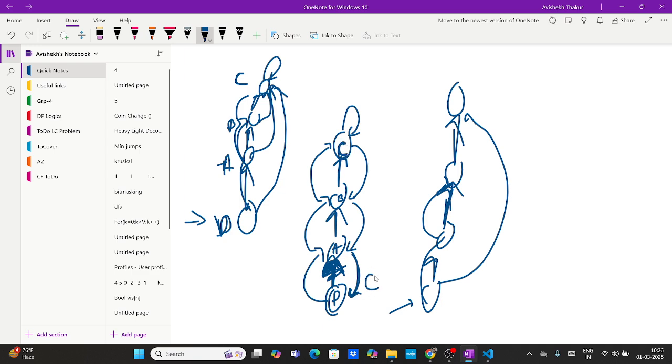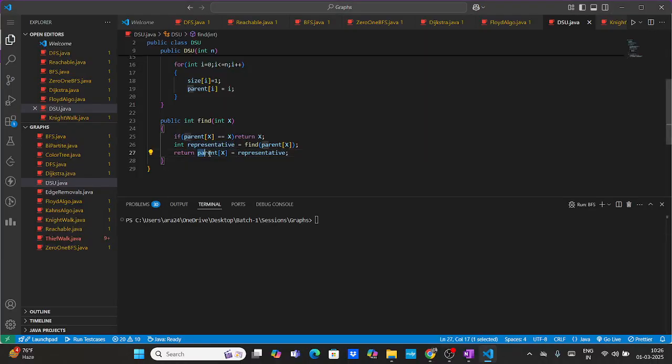D will get C. So we got C, and if we have C, can't I just disconnect this parent link and attach it here? The value that came is C, so parent of D should be equal to C, and that's what I have written. Parent of D equals to C.